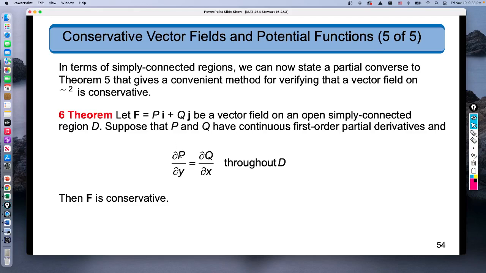It tells us that the partial of P with respect to y and the partial of Q with respect to x will be equal. So that's sort of a way of proving that the vector field would be conservative. If we know that it's conservative, these have to be equal. If these are equal, it has to be conservative. If these are not equal, then it's not conservative.